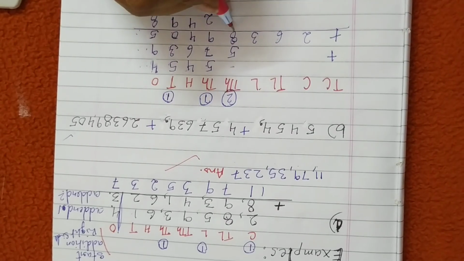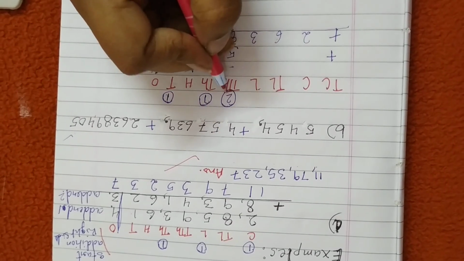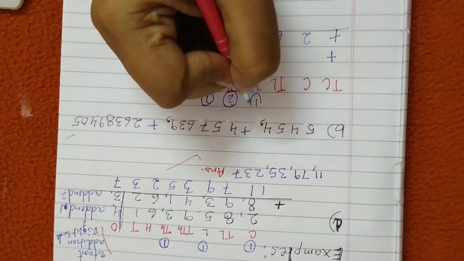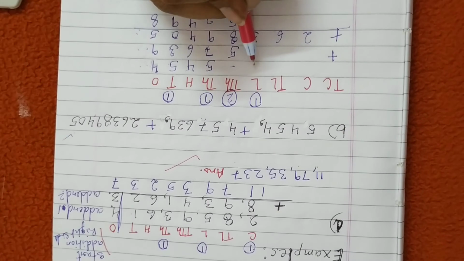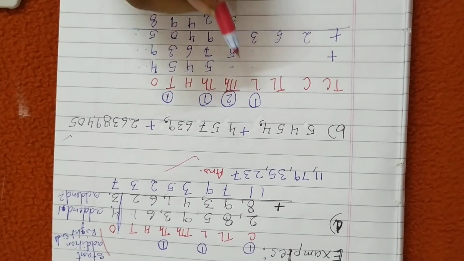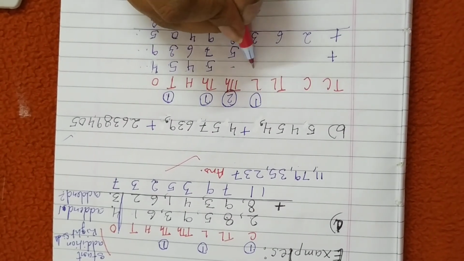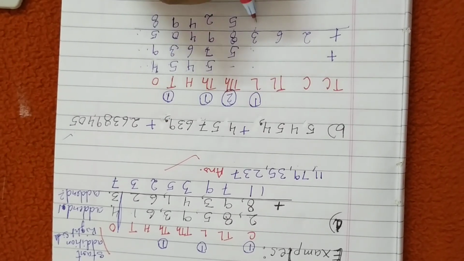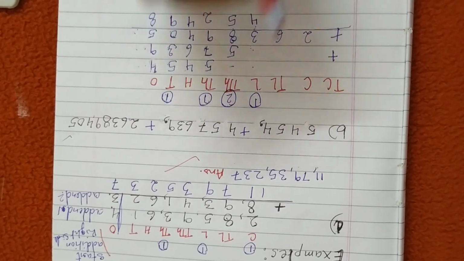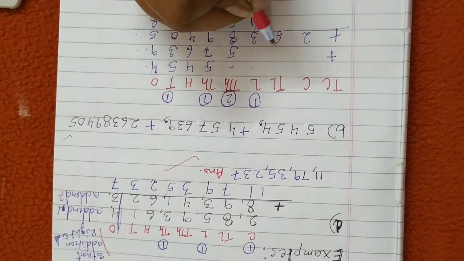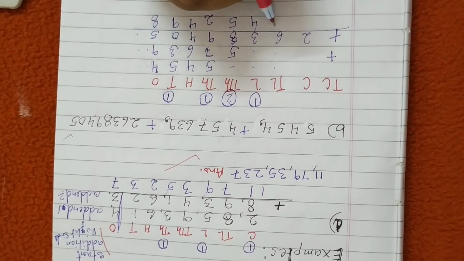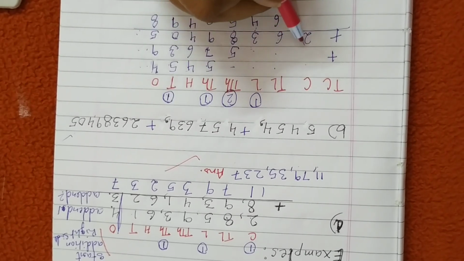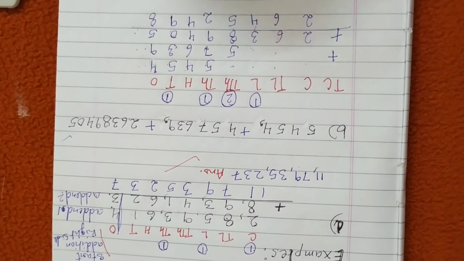So 5 plus 8, 13 plus 2, 15. I'll be giving 1 to the lakhs. Now here is nothing, that means there is 0. 0 plus 0, 0, 0 plus 3, 3, 3 plus 1, 4. Again, 0 plus 0, 0, 0 plus 6, 6. 0 plus 0, 0 plus 2, 2.